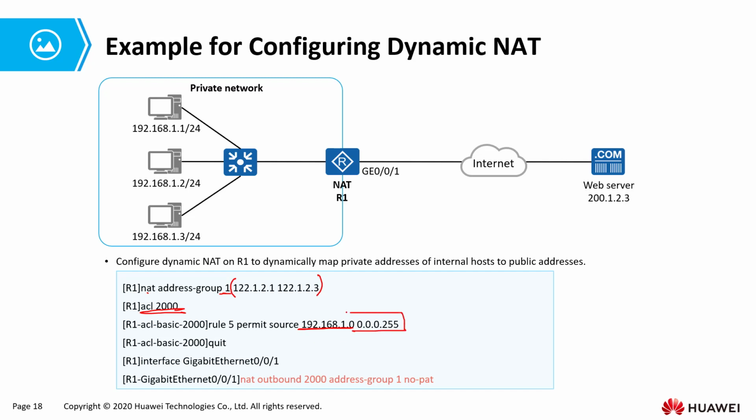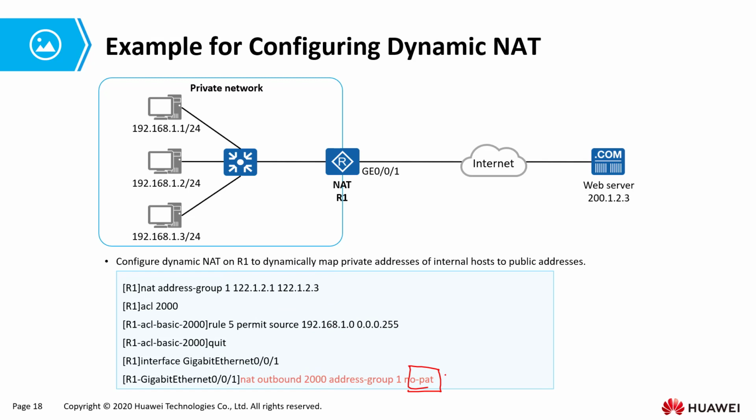Of course, that is the whole network, based on that wildcard. So we shall get out of the ACL and go to the interface and say nat outbound. Then we invoke ACL 2000. We shall be translating addresses that match ACL 2000 only and binding them to the addresses that we define in address group 1. We are not doing port address translation.